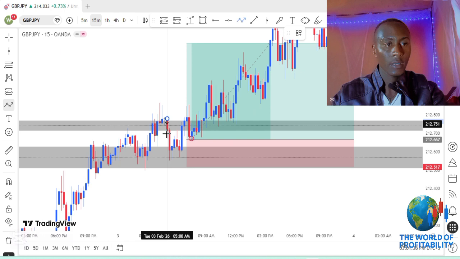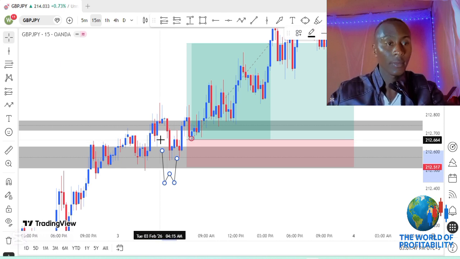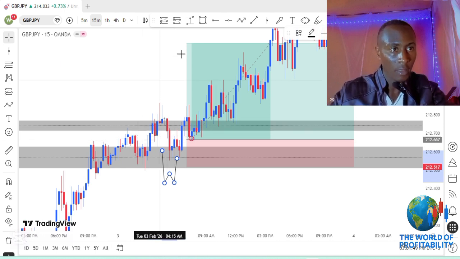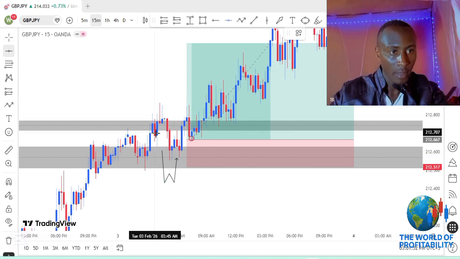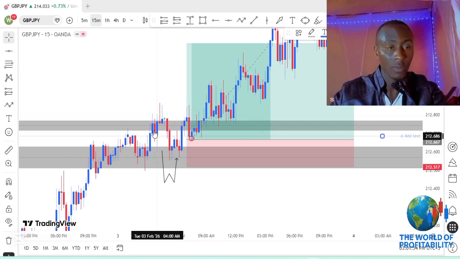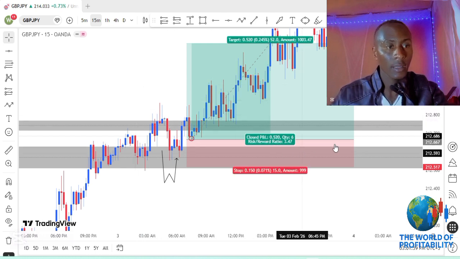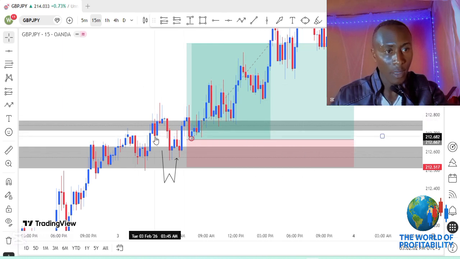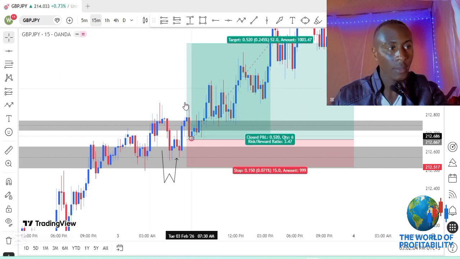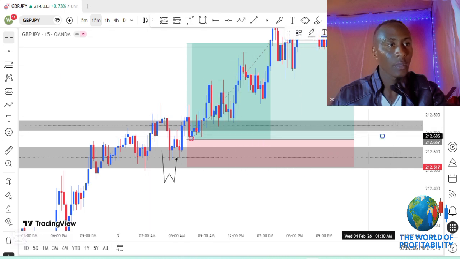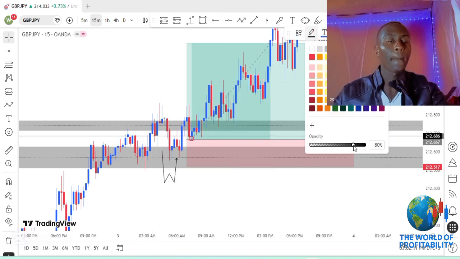You can see this pattern: some sellers, buyers, sellers, buyers, and I set my buy limit at the break even. I usually set my buy limit slightly above to account for spreads, but at this point I did not do that, because if I had taken that trade somewhere in the range that I've marked, the stop loss would not have been at a good price.